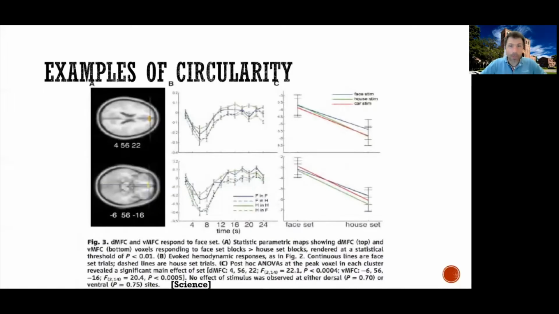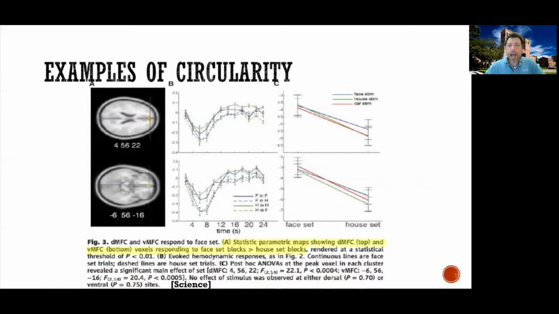Here's a couple examples of how all of this came to pass. These are a couple of experiments that I want to show that actually ended up unknowingly doing some circular inferences. Here's this particular example.